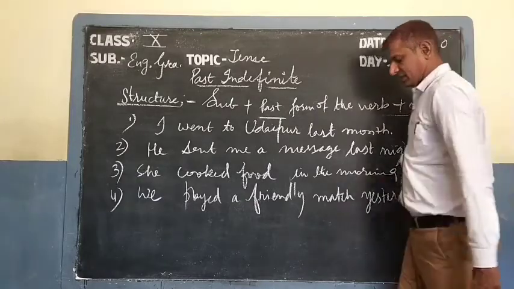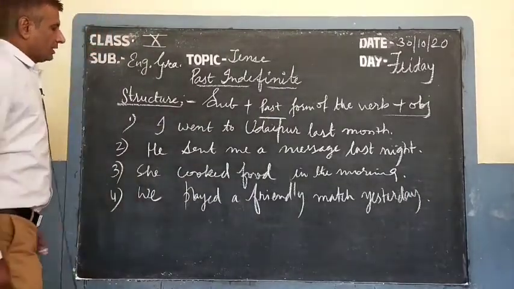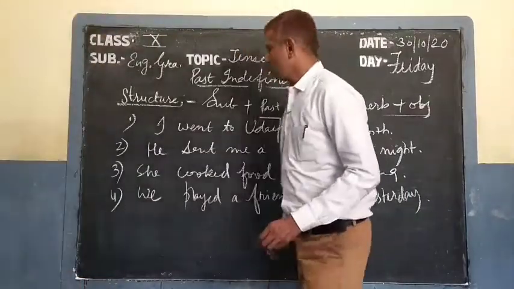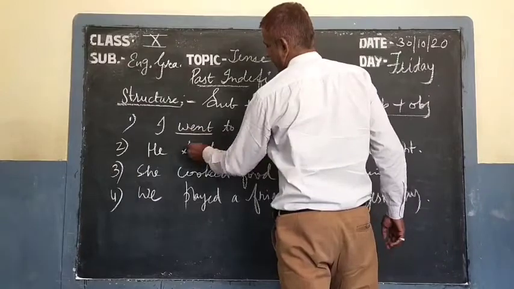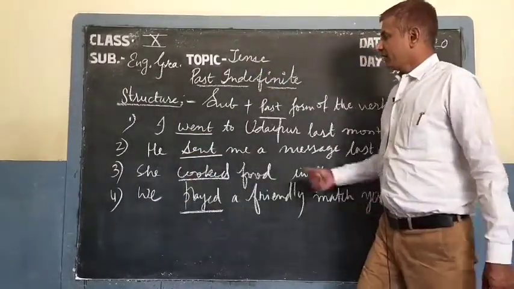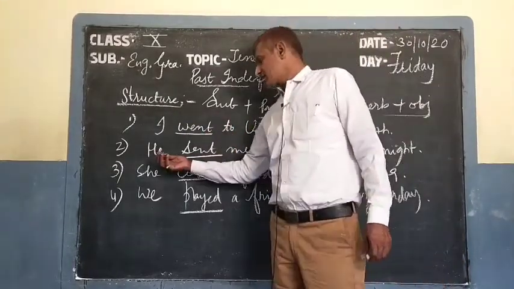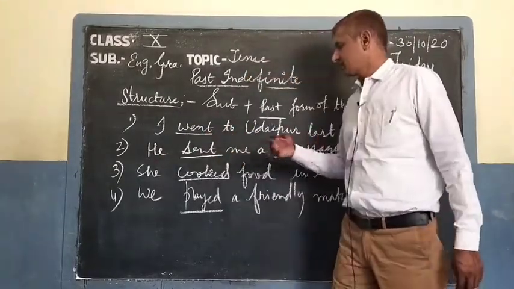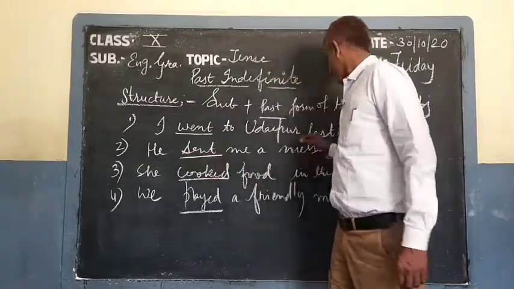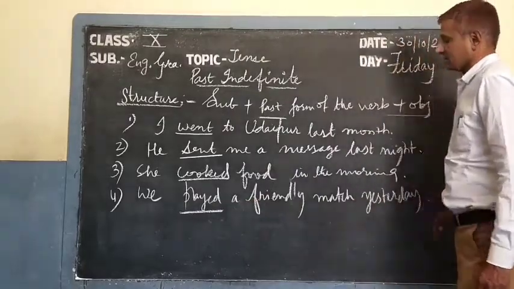Now see in these sentences, we use the past form of the finite verb: went, sent, cooked, played. Subject, verb and object particles in each sentence.